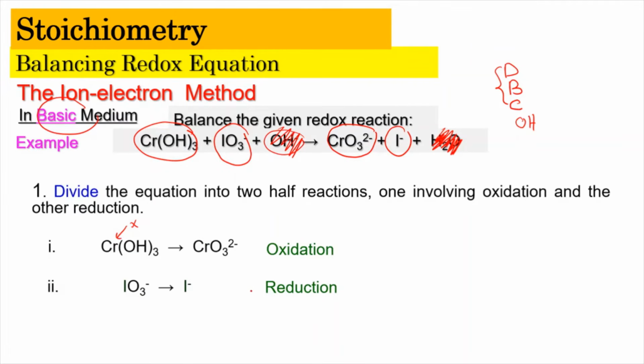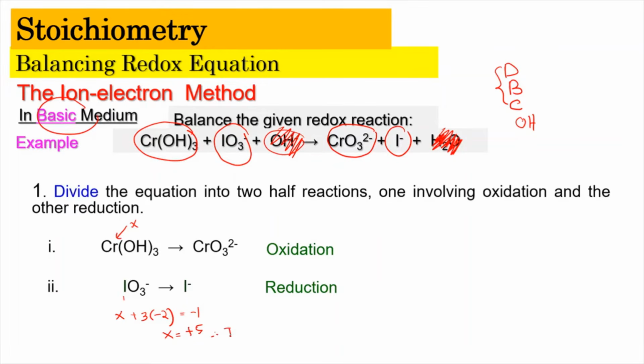So I will try to prove it here. For example, the iodate here, IO3 minus. The oxidation number of iodine I need to figure out, which I put as X. 3 oxygen refers to 3 times minus 2. And then the charge of the polyatomic ion is negative 1. Hence, the oxidation number of iodine is going to be plus 5.